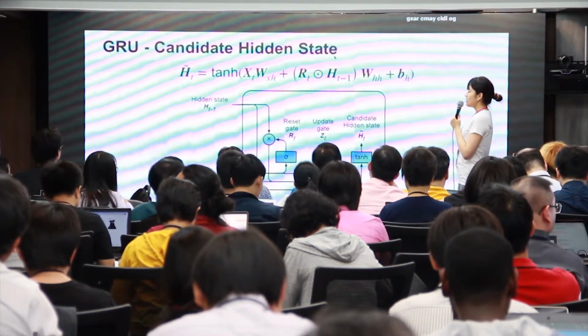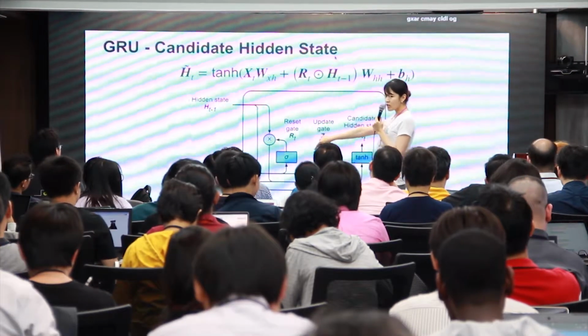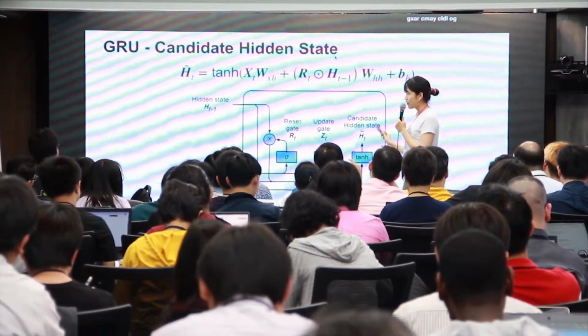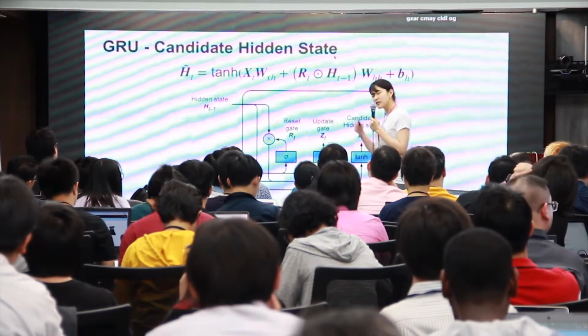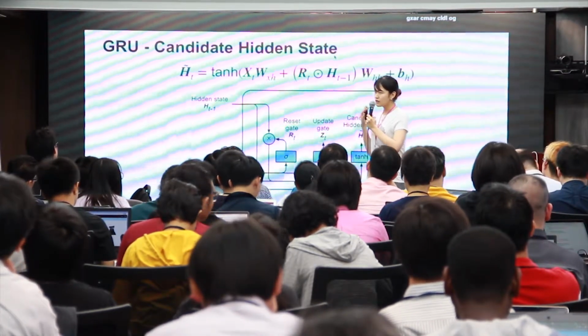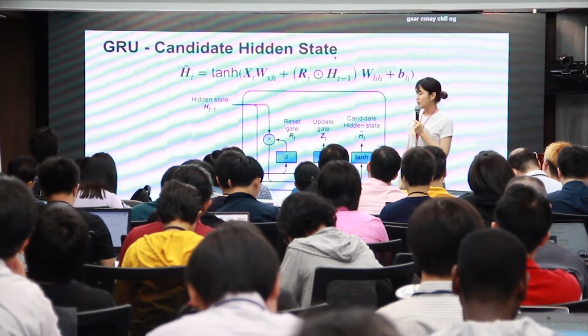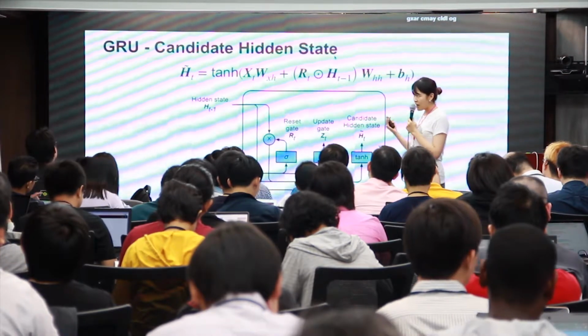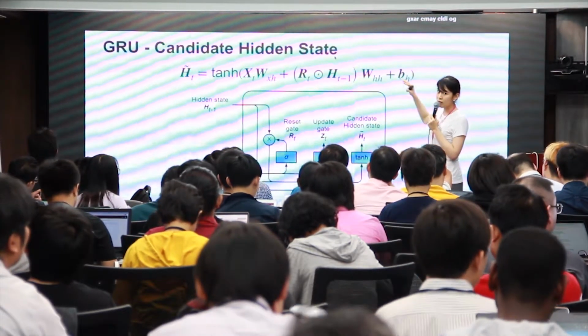Why is that? Previously we applied the sigmoid function, and now we apply hyperbolic tangent. You can say the reset gate is like whether I should reset something, a 0 or 1 question, right? And the update is also a 0 and 1 question. So the sigmoid function is trying to map every value to between 0 and 1.